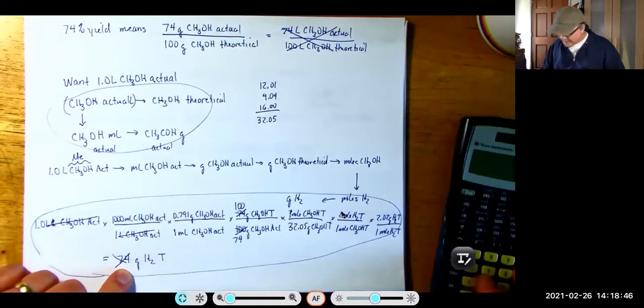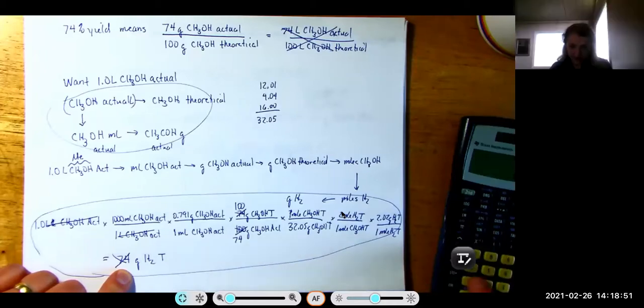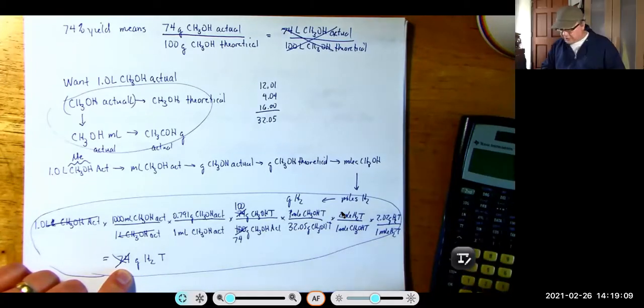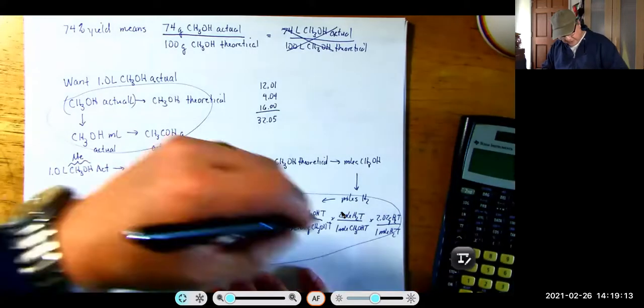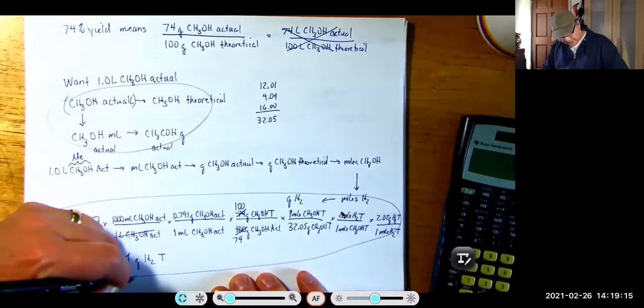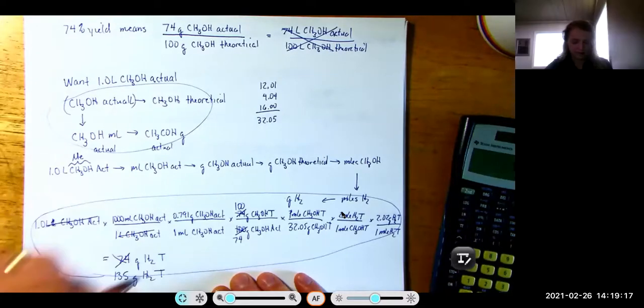I don't think it's quite that easy, but it'll be closer to 100 than it is to 74. $135. So 135 grams theoretical.